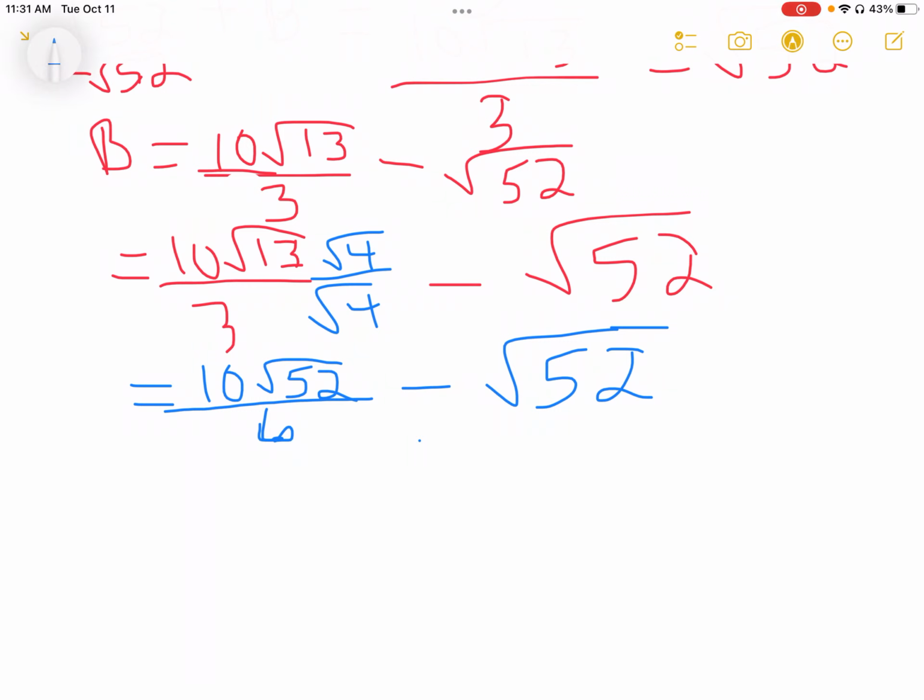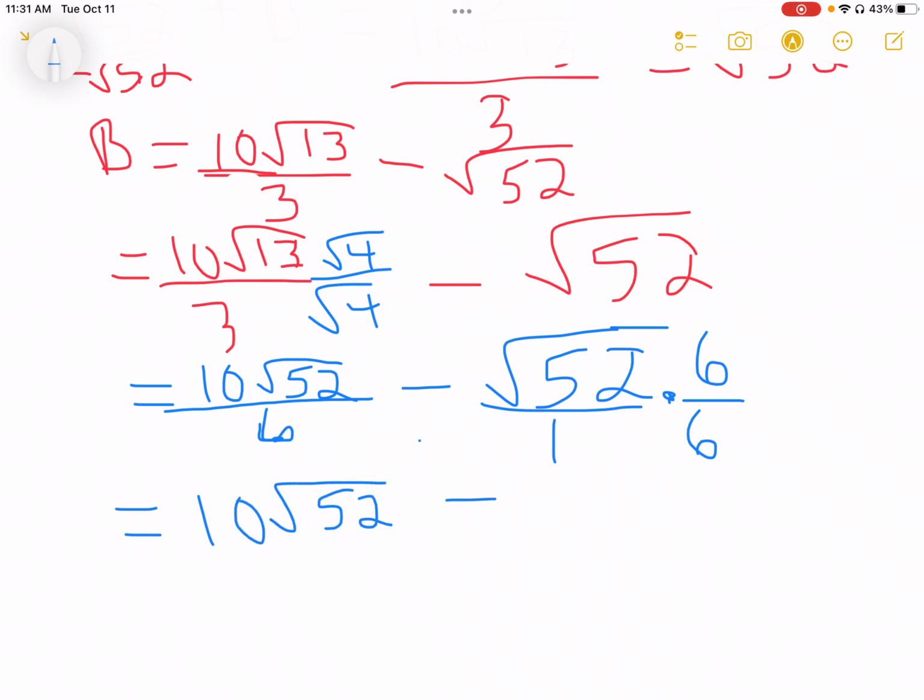Okay, because now I know that this is over 1, so that means I can make this over 6. I do 6 over 6 multiplied by that, and then I'll get 10 root 52 minus 6 root 52, and this is also over 6, right?